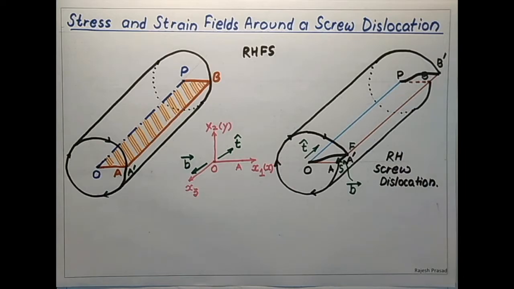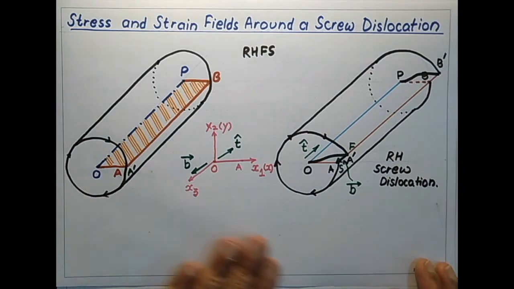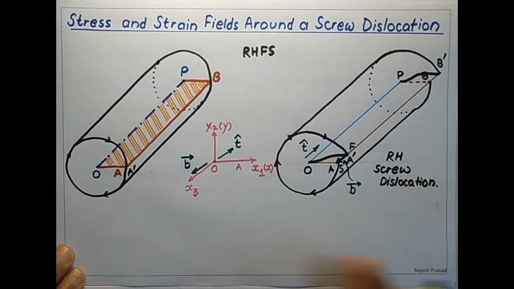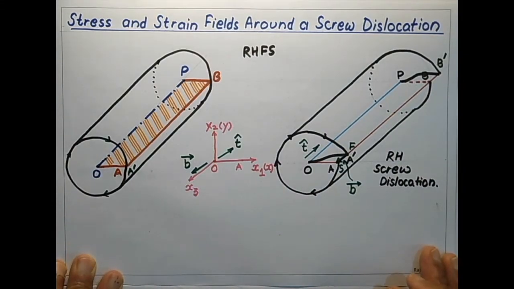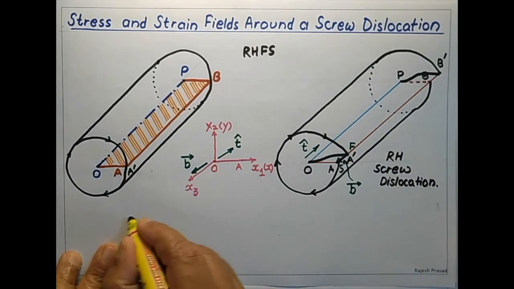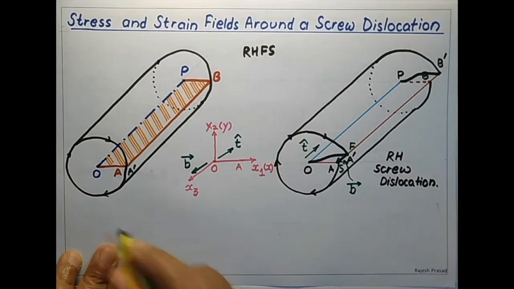We can now, to get the stress and strain field, follow the scheme of elasticity theory, in which we have to first get the displacement field. So we will write the displacement field.